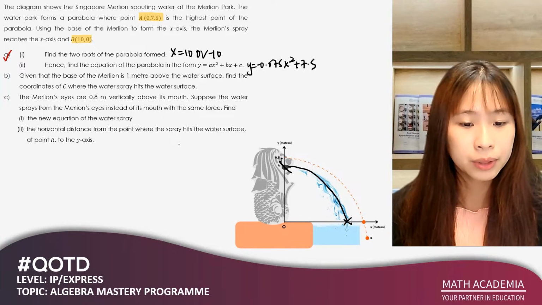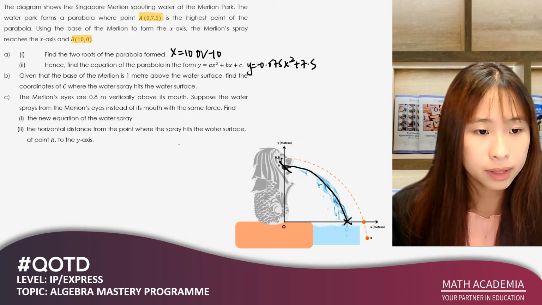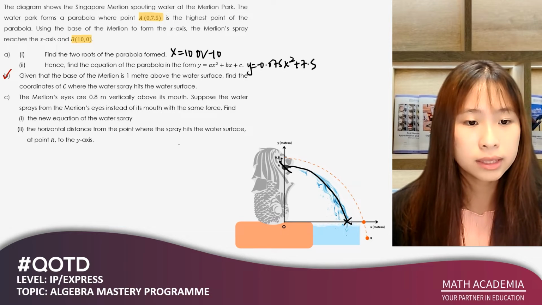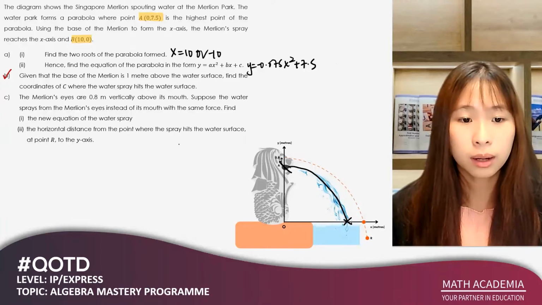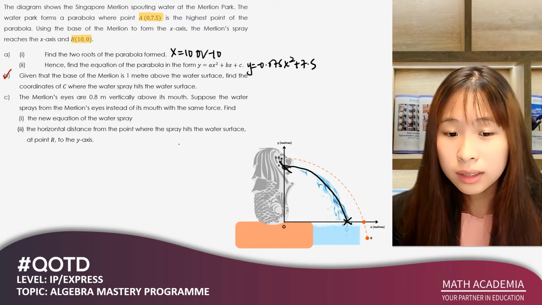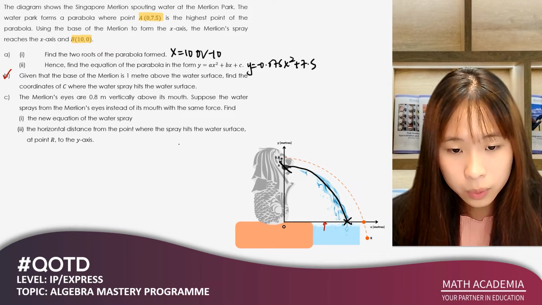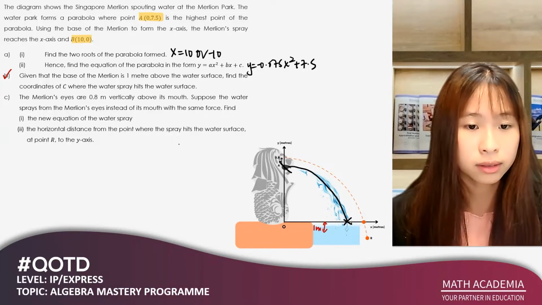Okay, so after we have solved part A, we are going to look at part B. Given that the base of the Merlion is 1 meter above the water surface, this tells me that there is a small gap between the x-axis and the water surface, and it is 1 meter.